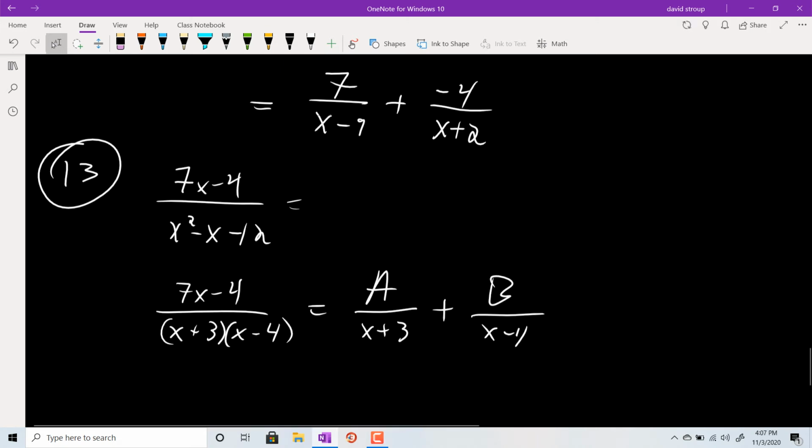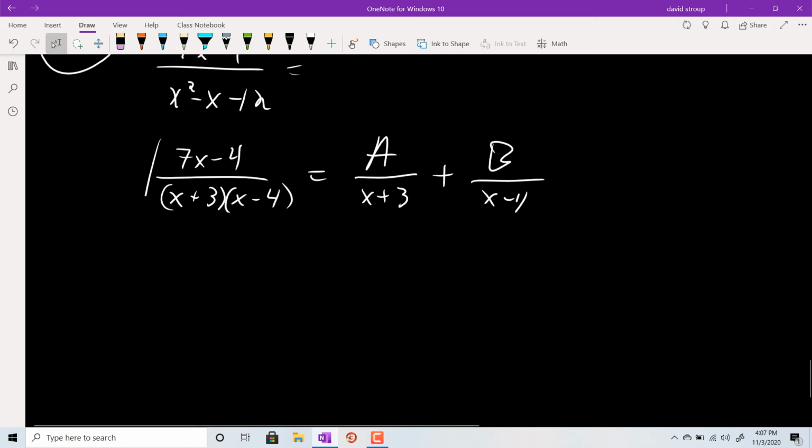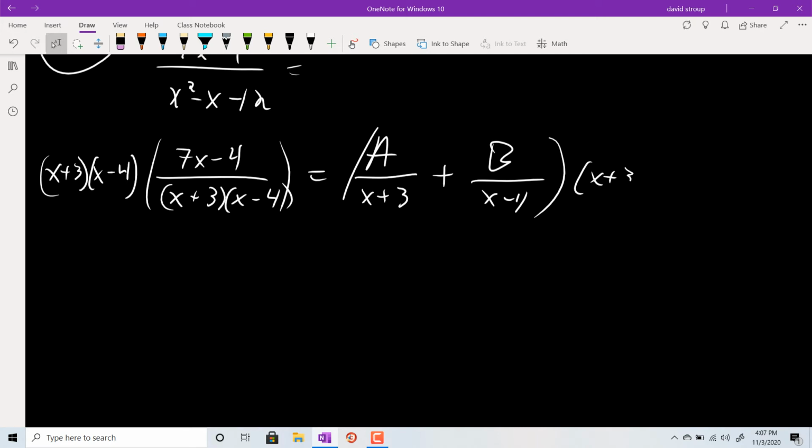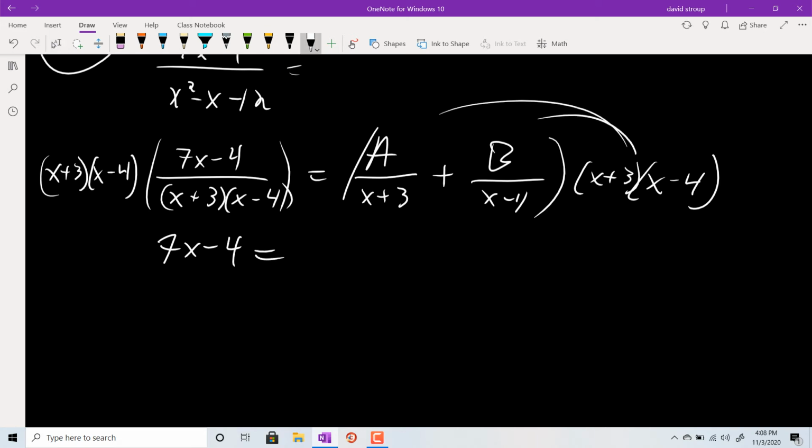And it's the same sort of game as before. So I'm going to multiply both sides by x plus 3, x minus 4. And we end up with 7x minus 4 equals, now I have to distribute. In the first distribution, the x plus 3's cancel, leaving you with a times x minus 4.